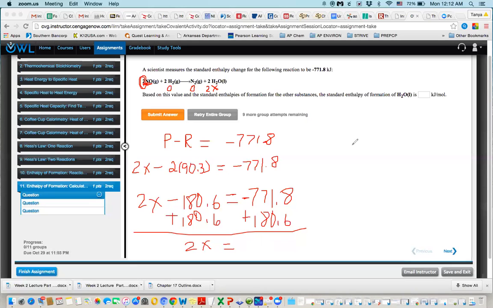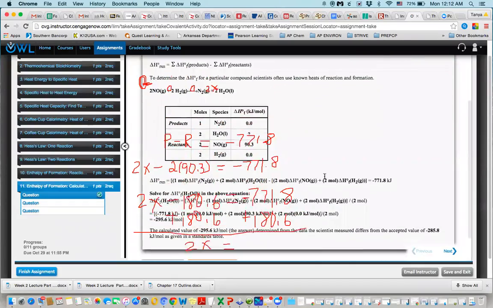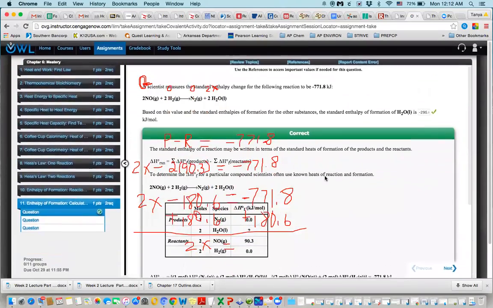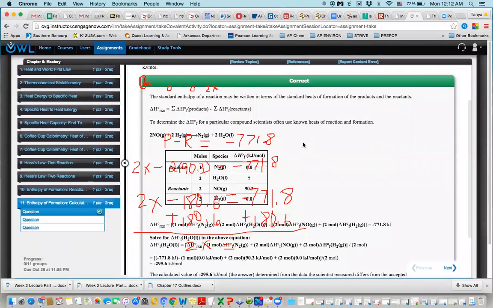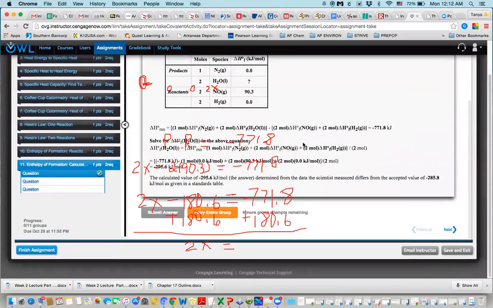So we're going to try this number out here. Negative 295.6. See if I got it right. Okay. Submit. And that is correct. Okay. So it's really not hard to do those types of problems. It's just products minus reactants. I hope that helps you.